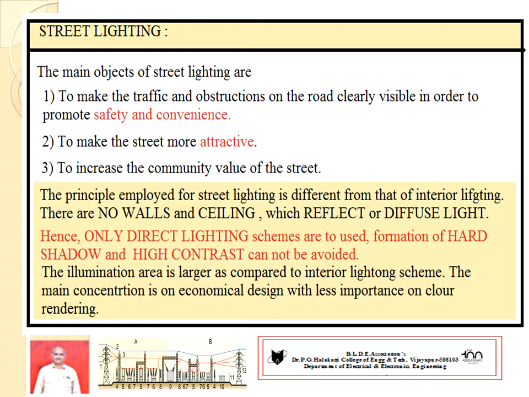Considering all these points, it is applicable only for direct lighting. A direct lighting system is not free from shadow formation, high contrast and glare. These three points are to be kept in mind. Such a system should be designed to give minimum glare and minimum shadow to the object in view.